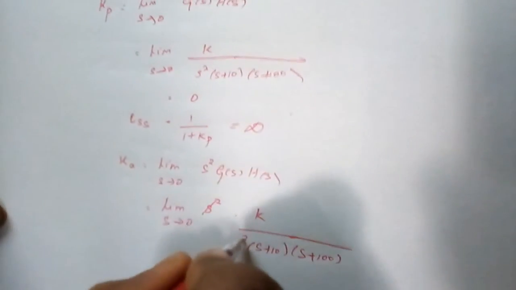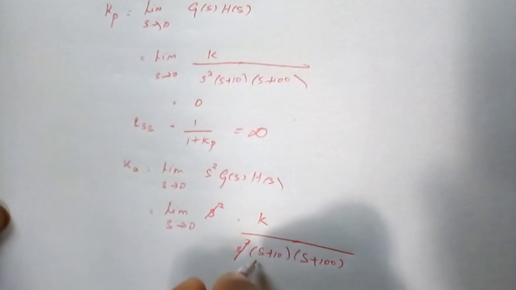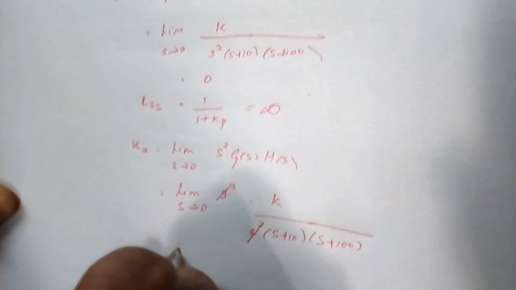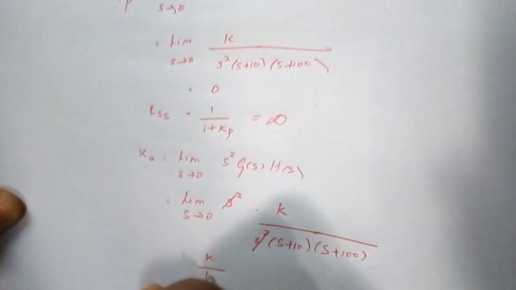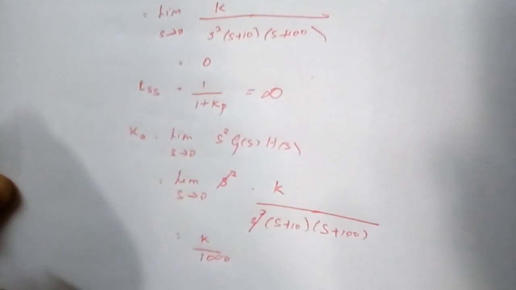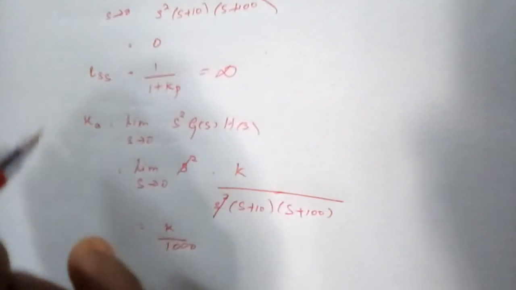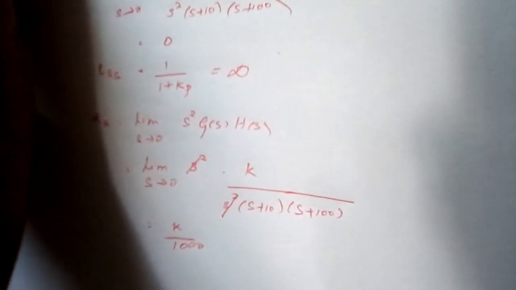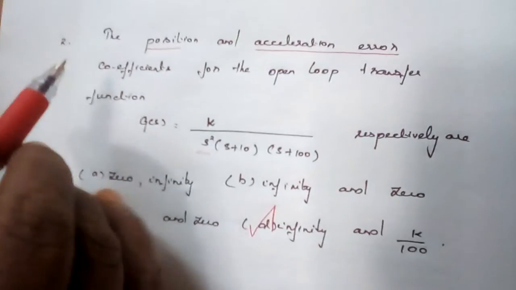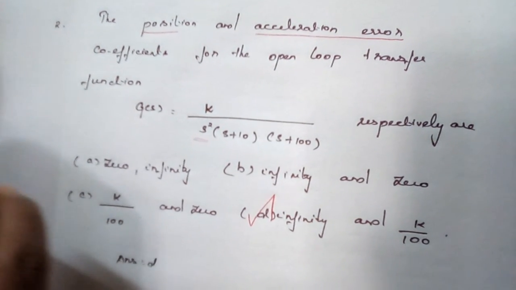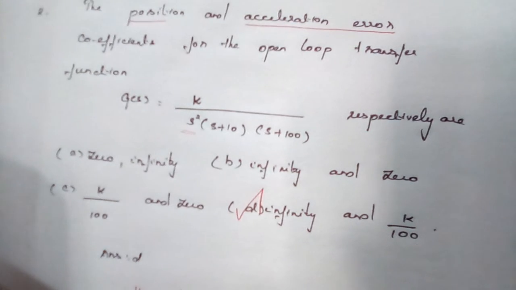This s square and s square term cancels. By substituting the s value as 0, we have the value as K divided by 1000. Okay, so for problem number 2, option D is the correct answer. Only the acceleration error exists for the type 2 system and there is no positional error.